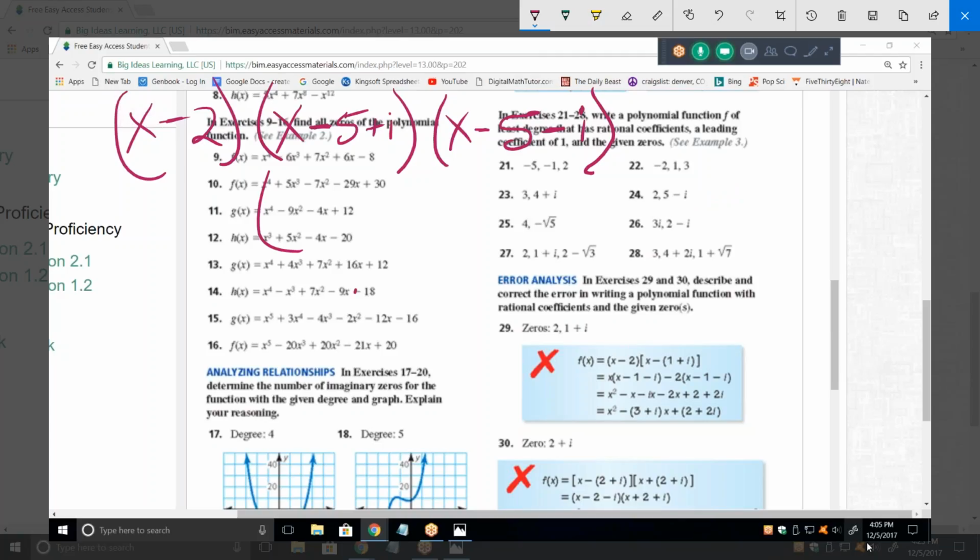So it is x squared minus 5x, plus or minus, it's minus xi. Then minus 5x plus 25.